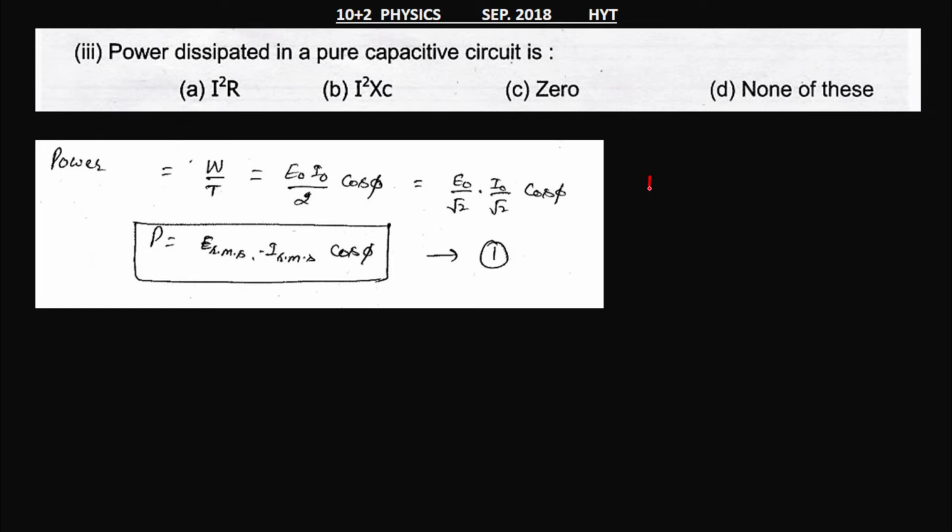For a capacitor the phase difference is pi by 2, or 90 degrees, so phi is equal to 90, and we know that cos 90 is equal to 0. So this factor is 0, multiplying it with everything becomes 0, so the power becomes 0. So 0 will be the answer. Here is the option. So C is the right option for question number 3.